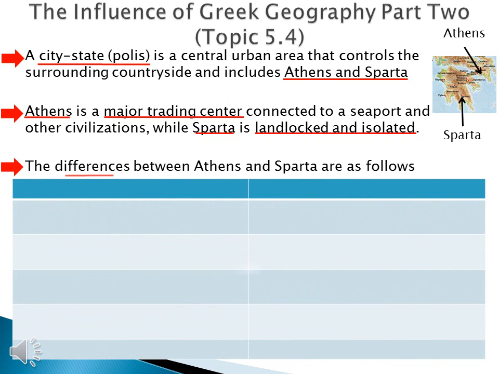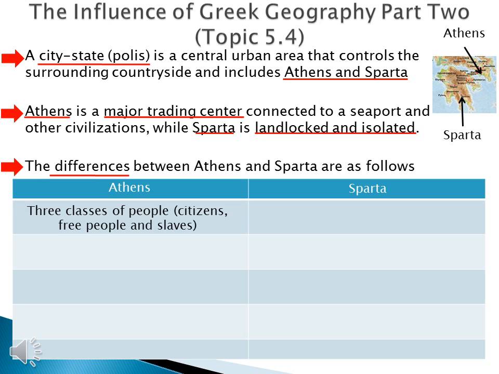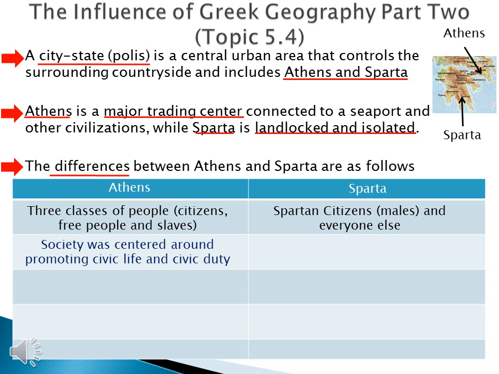The differences between Athens and Sparta are as follows. In Athens, we have three classes of people: citizens, free people, and slaves. In Sparta, we have Spartan citizens who are males and everyone else. In Athens, society was centered around promoting civic life and civic duty. It was all about making Athens a better place. Sparta was an aggressive, militaristic society. In Athens, we have direct democracy, but for citizens only.